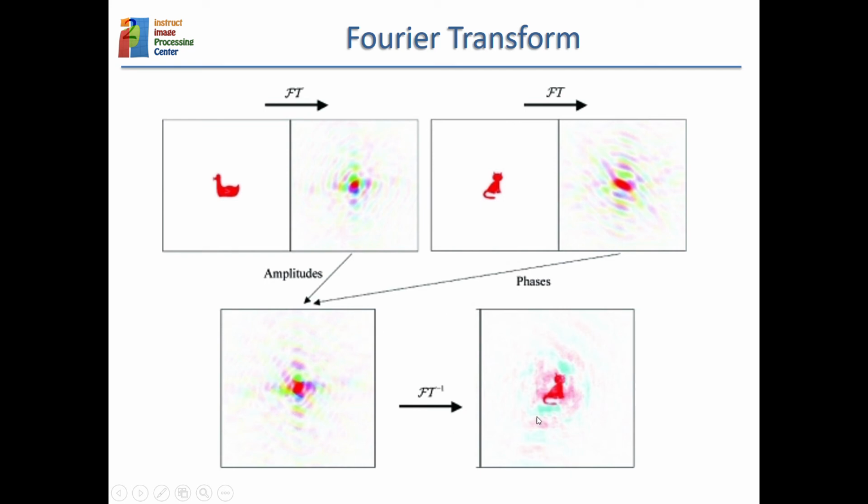And by doing the inverse Fourier transform, what we have is mostly the cat, but with some errors. So that means that most of the information of how the image looks like in the Fourier space is kept in the phases rather than in the amplitudes, and this has a lot of consequences.